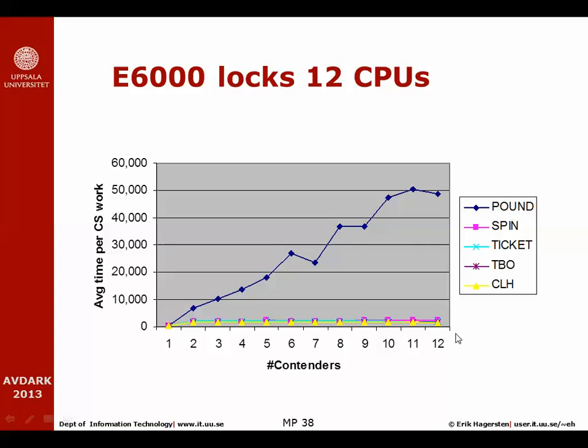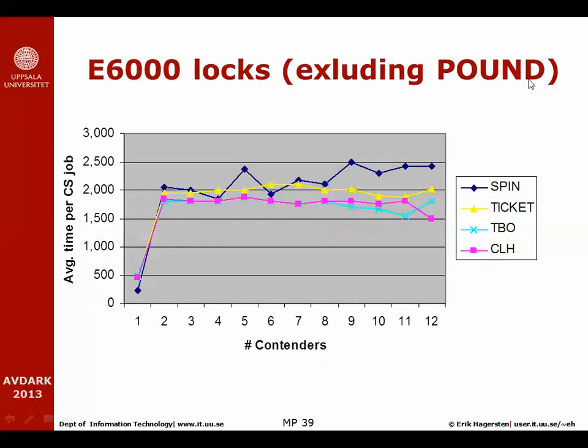You can see from this that maybe CLH is slightly better than the spin, but it's all dwarfed by how bad the pound transaction algorithm is. So taking the pound away, we get a better look at what's going on. Going up to 12 threads here, we can see that we started to get a little bit of a penalty from the spin.